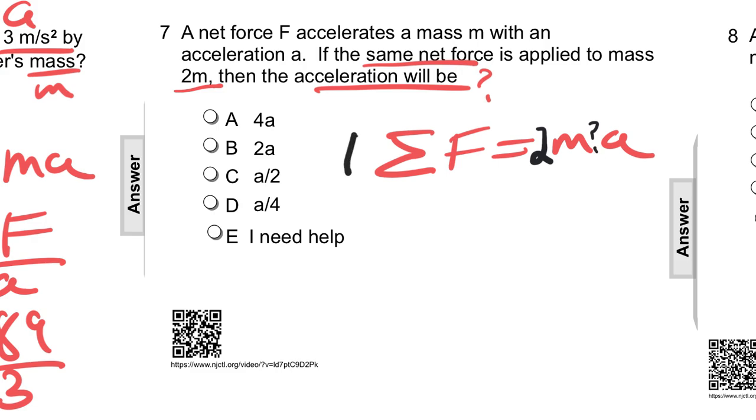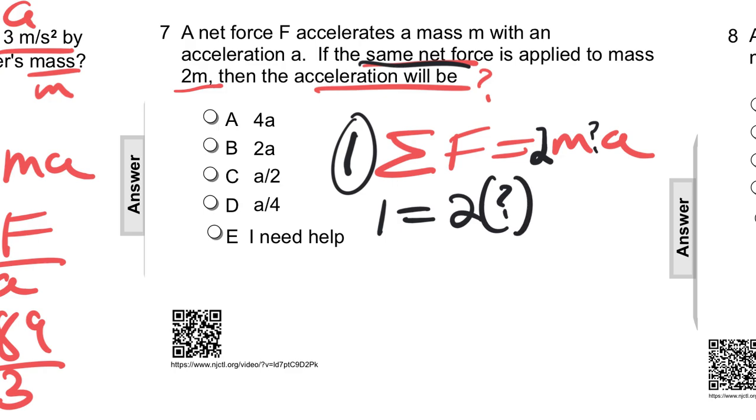I did not change the net force. Net force is the same. So all you do is 1 equals 2 times what? And that's your answer: question mark equals 1/2, whatever the acceleration was before.